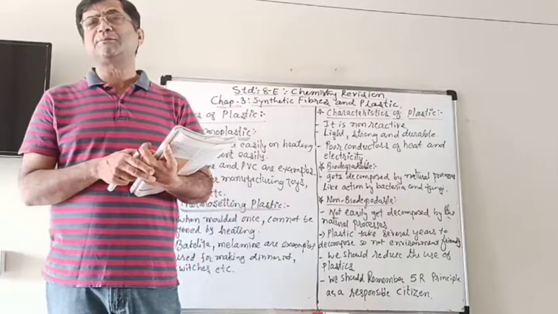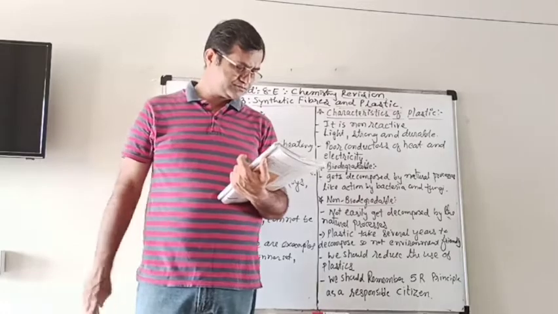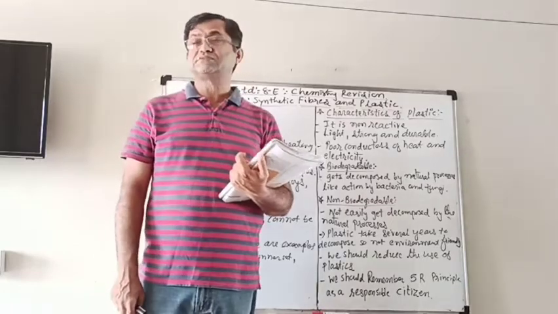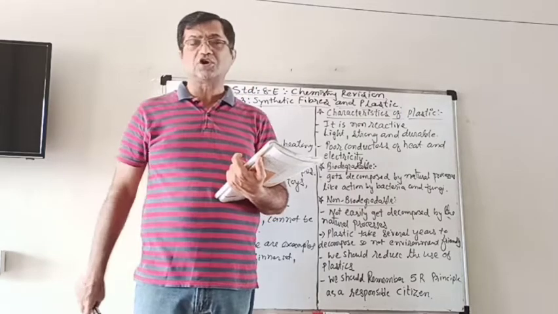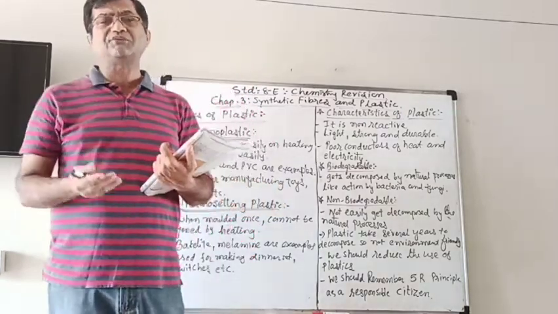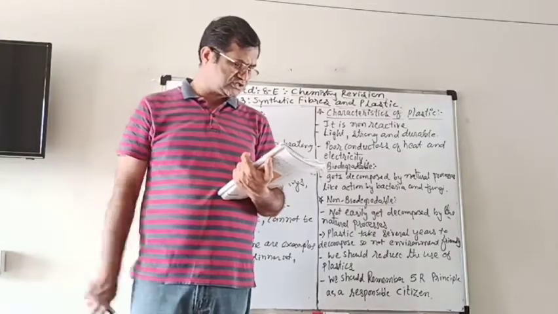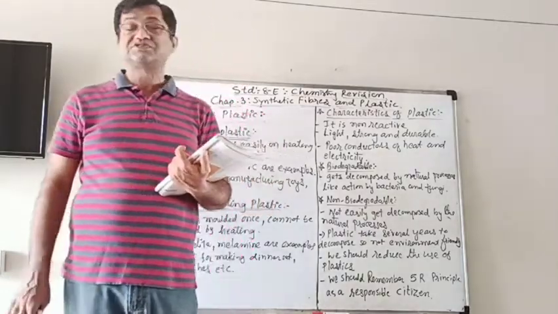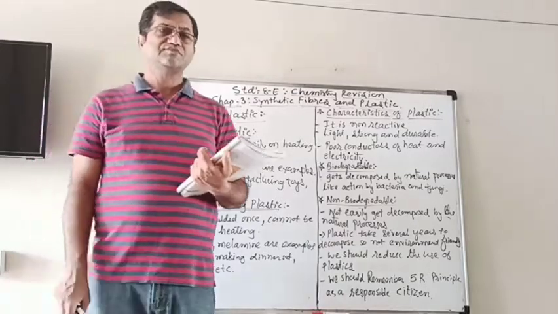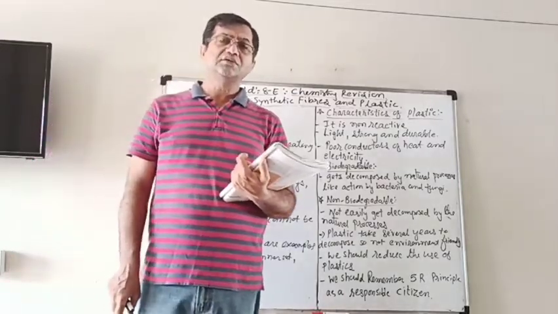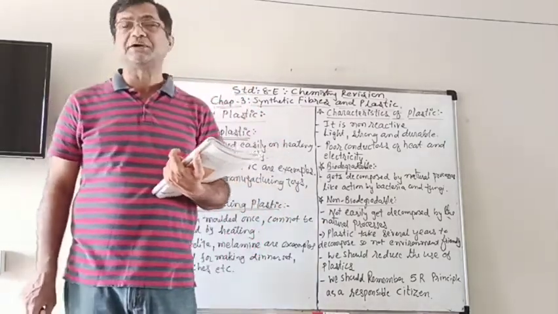One of the most important plastics is Teflon. Teflon is oil resistant also. On the Teflon the oil does not stick, water also does not stick, and therefore sometimes you see that fry pans are coated with this non-stick material.